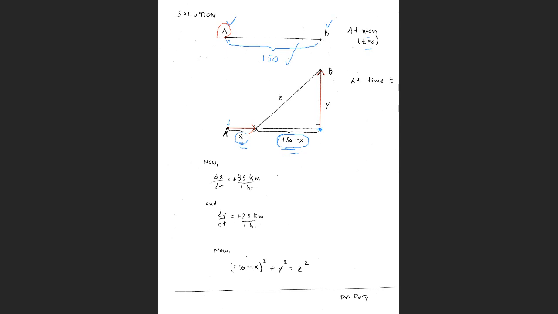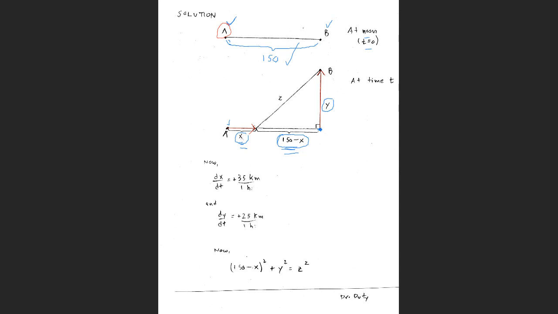Then for ship B, I have it going a distance y. Ship B is sailing north at 25 kilometers per hour, but I can't relate the distance it goes to x at all, so I just have a variable y.